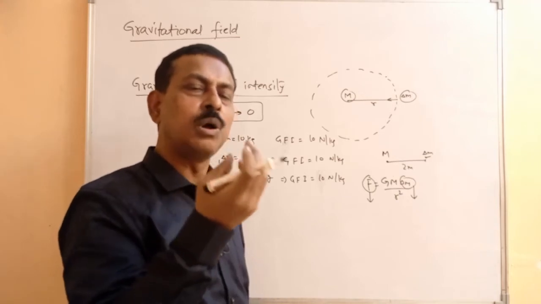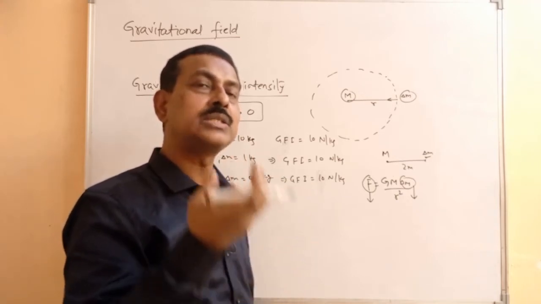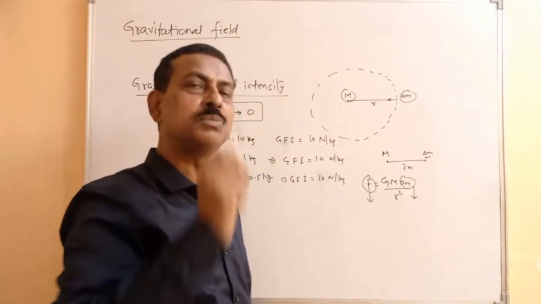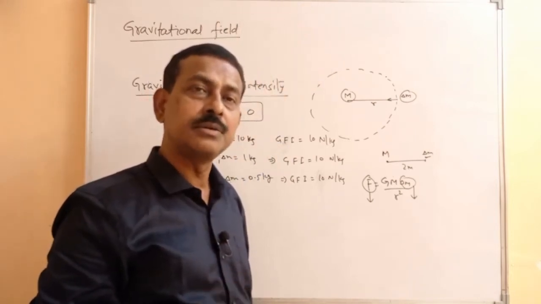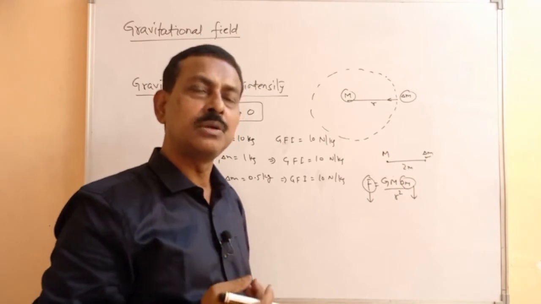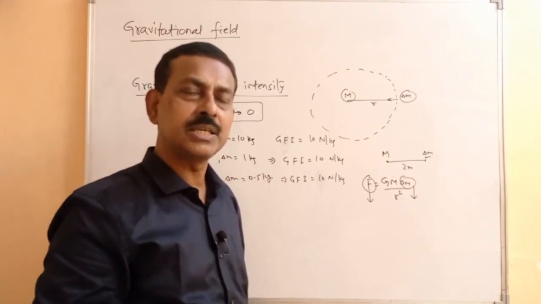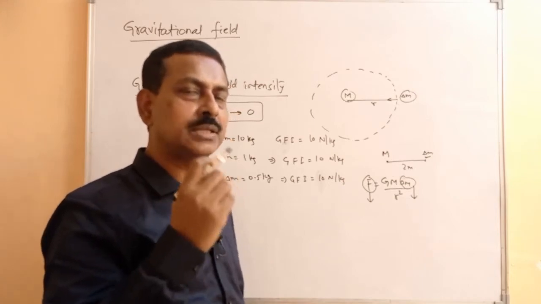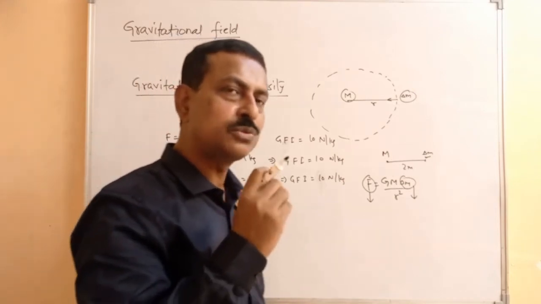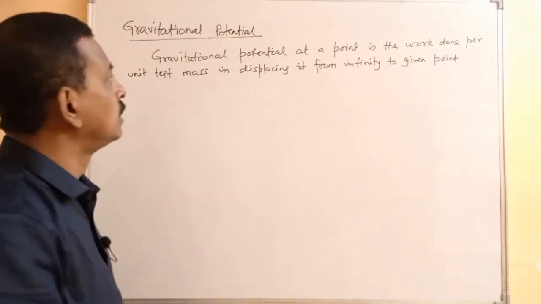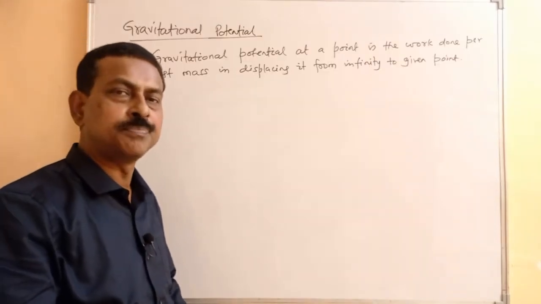If you consider 1 kg stone or say 10 kg stone, but now you are comparing it with the mass of the sun or earth, in that case it is very, very small. So this 10 kg mass for earth will also be a test mass there. So basically we have to take the test mass, its magnitude should be very, very small as compared to the source mass. Next term is gravitational potential.